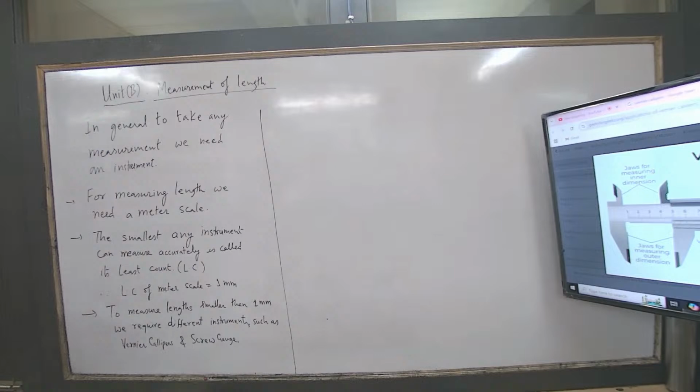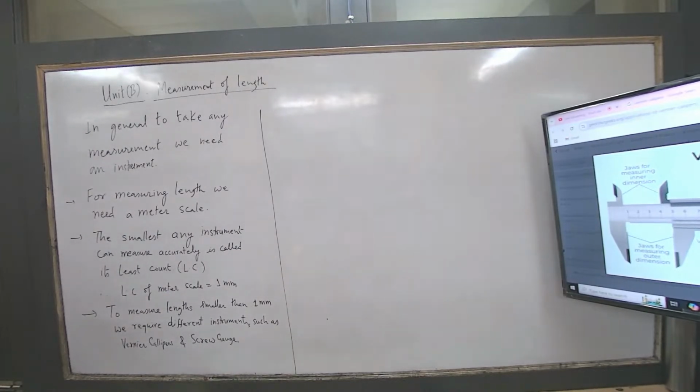This gray color scale has 10 divisions. And the main scale is the usual meter scale that you are familiar with. In your geometry or compass box, you have the meter scale up to 6 inches, or 15 centimeters. But on top of it, what is fitted here is the vernier scale, which can slide.